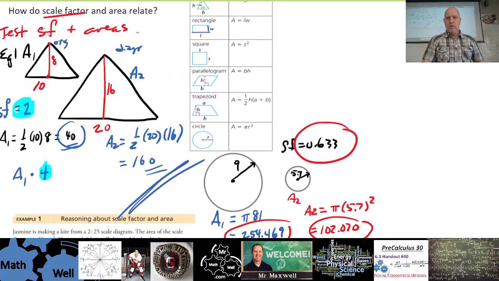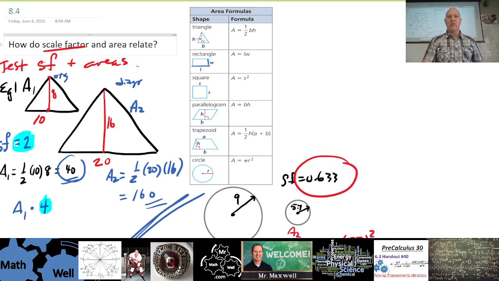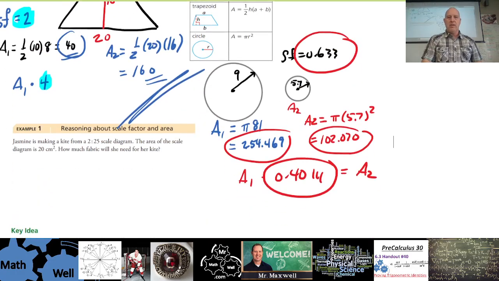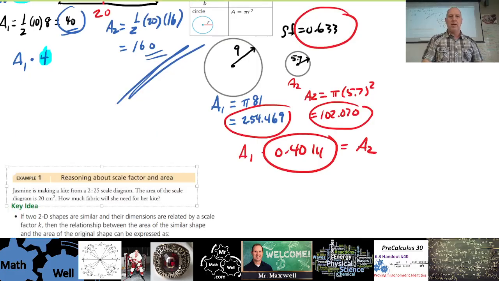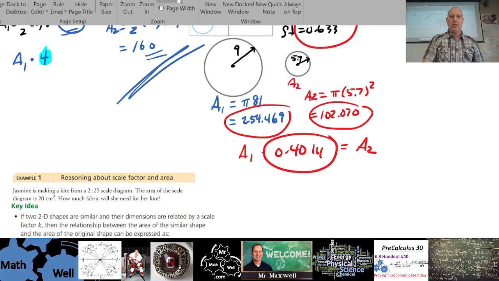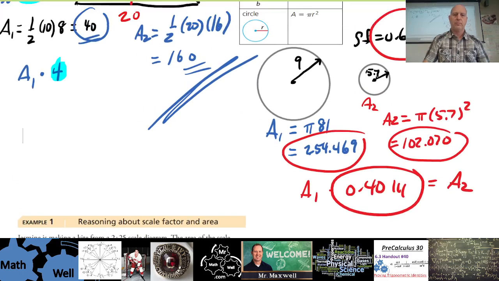All right, so the relationship between scale factor and area, how do they relate? Okay, you ready to write this one down? I need some more space here. Not ready for that example just quite yet. Let's go back to 100%. How are we going to write this?